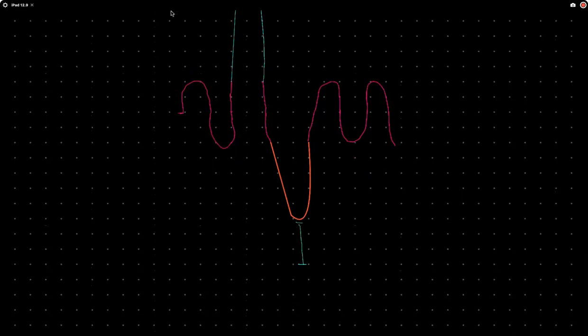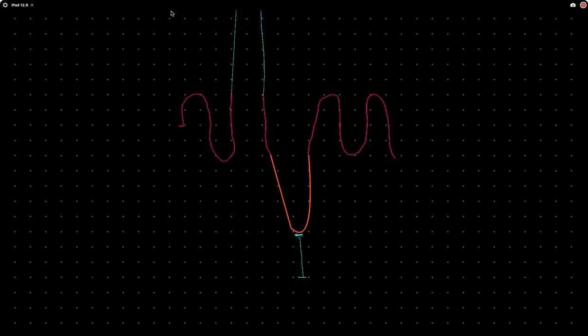So again, what are the four volumes that we are looking at here? We're looking at the volume of air that we breathe in and out during rest. This is quiet breathing.